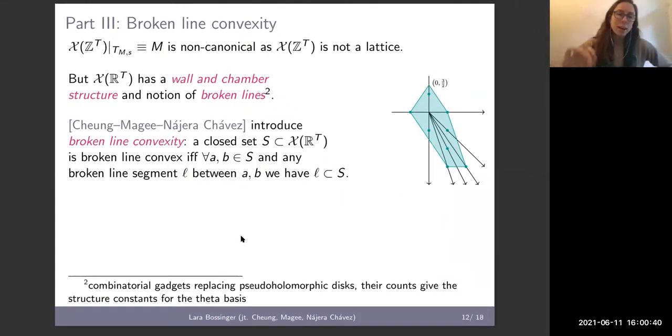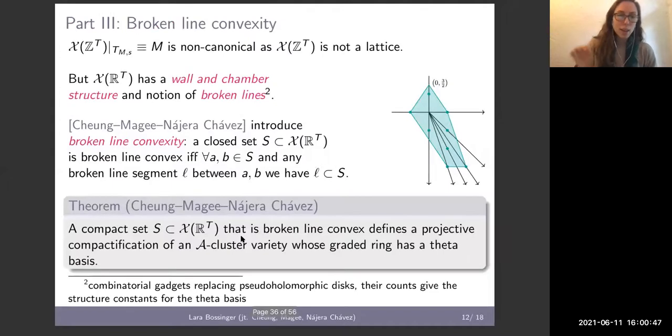Now these broken line convex sets are key in cluster theory, as they extend the analogy of toric varieties and cluster varieties. My collaborators showed that any compact set S inside the real tropicalization of the X variety that is broken line convex defines a projective compactification of the A variety.